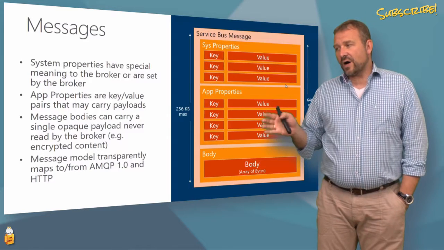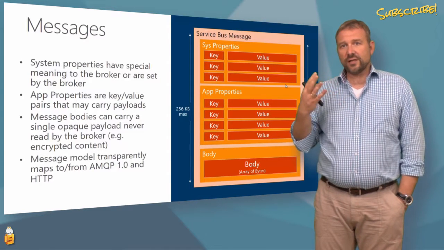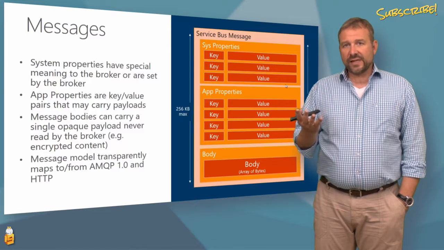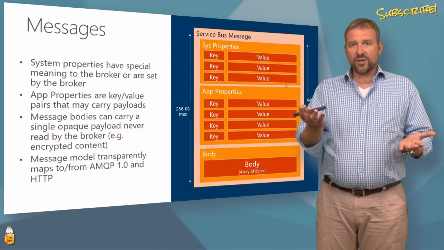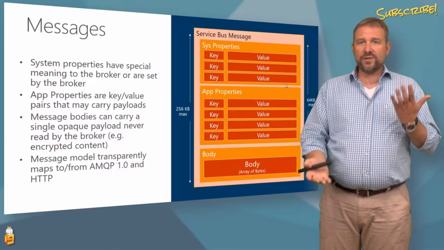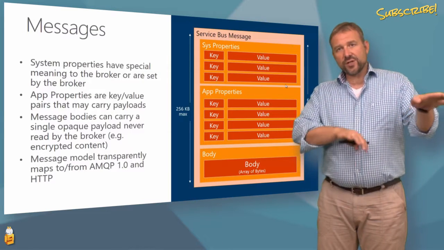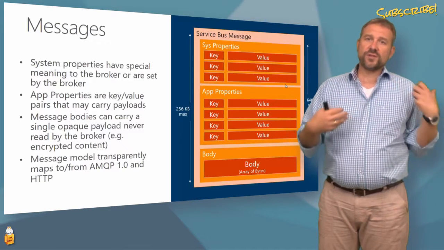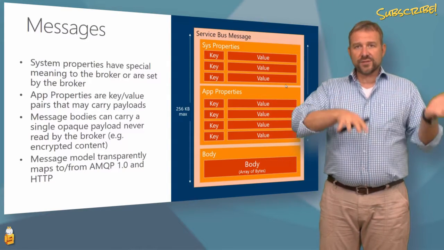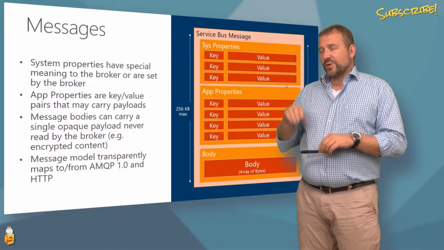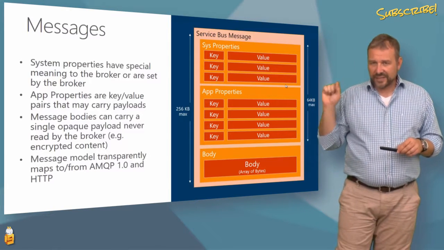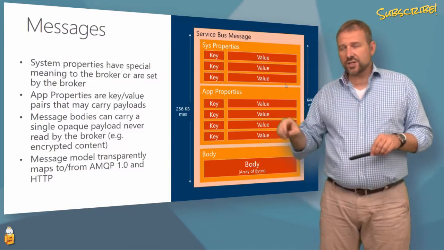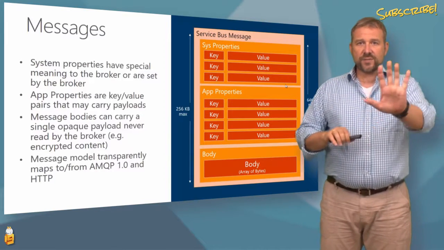We have a model of messages that's loosely aligned with AMQP 1.0, but it's really an abstract model because we can go from HTTP to AMQP very easily. So you can send a message in through HTTP and receive it through AMQP, or send it through AMQP and receive it through HTTP, and we're mapping this through this abstract model. So we have system properties, we have application properties, and we have the body of the message. The body is something we never touch. The application properties is something that's your thing.